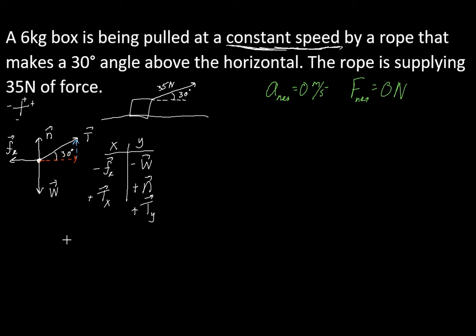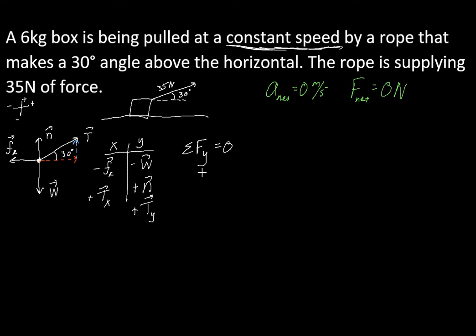In this case, we're solving for the normal force, so I ask myself which chart the normal force is in. I see it here in the y direction. So I'm going to go ahead and start figuring out the sum of all the forces in the y direction. If the net force is 0, then I know that the net y force has to be 0 as well. So I can say that the sum of all the forces in the y direction is 0.